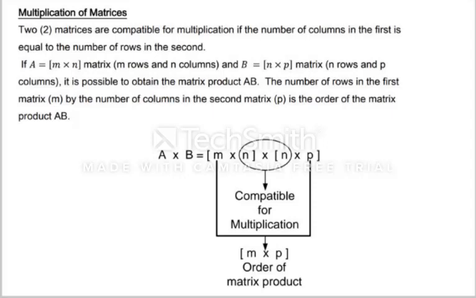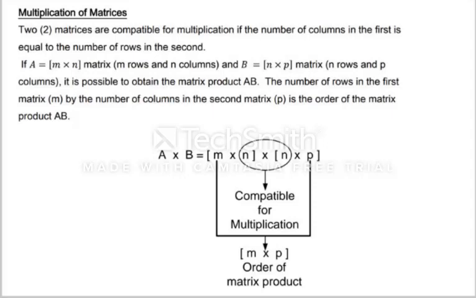So in this diagram here, all this diagram is saying is that if A is an m by n matrix, it means that A has m rows and n columns, and B is an n by p matrix. So B has n rows and what? p columns.